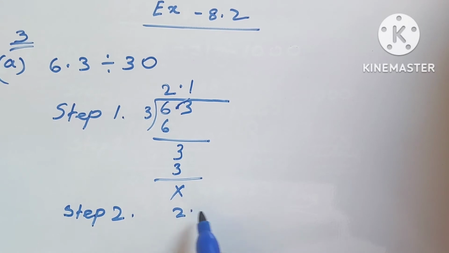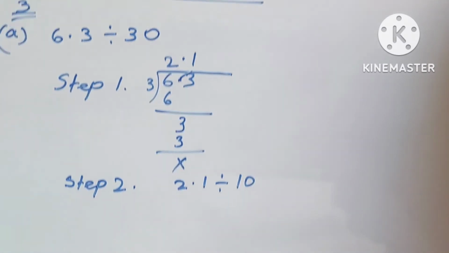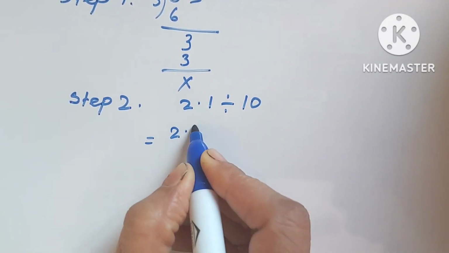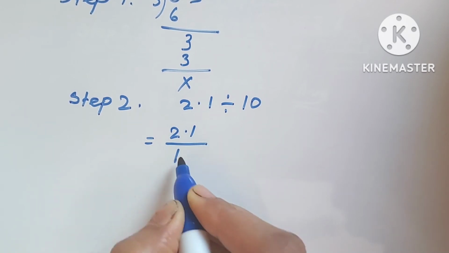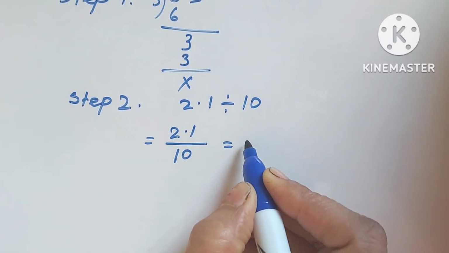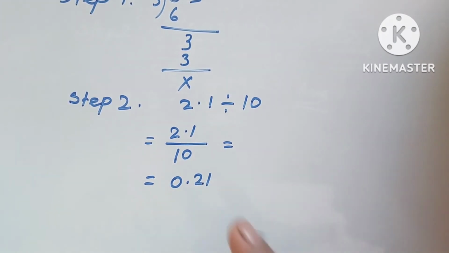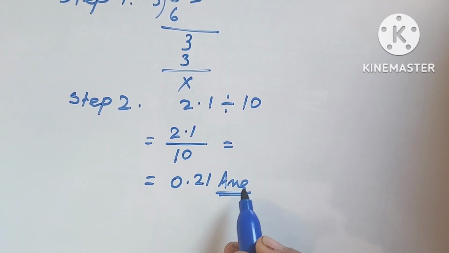Now again step 2, we divide 2.1 by 10, that means 0.21 answer.